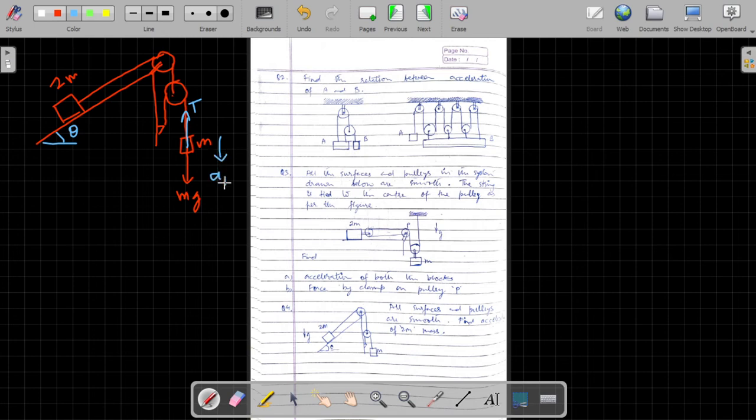Let us say its value is some a1. And the acceleration of block number 2, let us say it has some value a2. So what is the relation between a1 and a2? That should be easy to find.